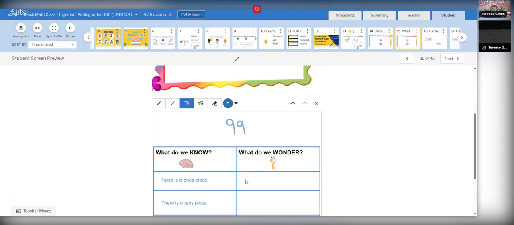What do you wonder? So what do you wonder? I wonder if I could get the same answer if I placed the smaller number on top of the larger number.